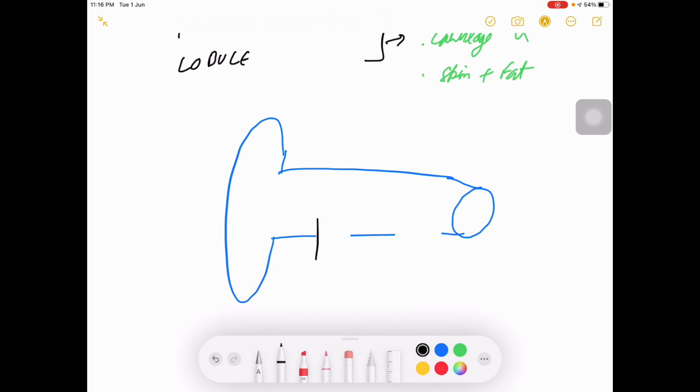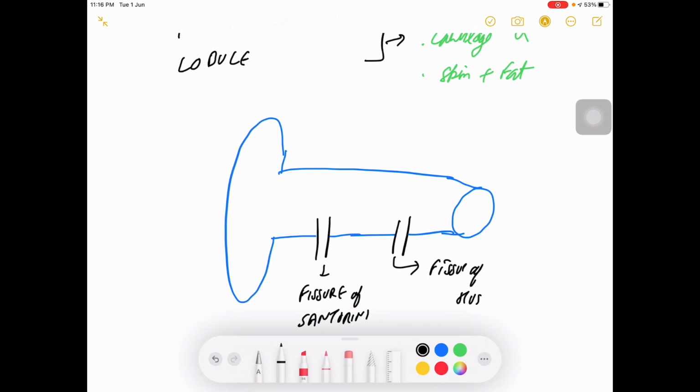Those are known as fissures. The first one is known as the fissure of Santorini. The second one is known as the fissure of Hashke. The outside one is Santorini.